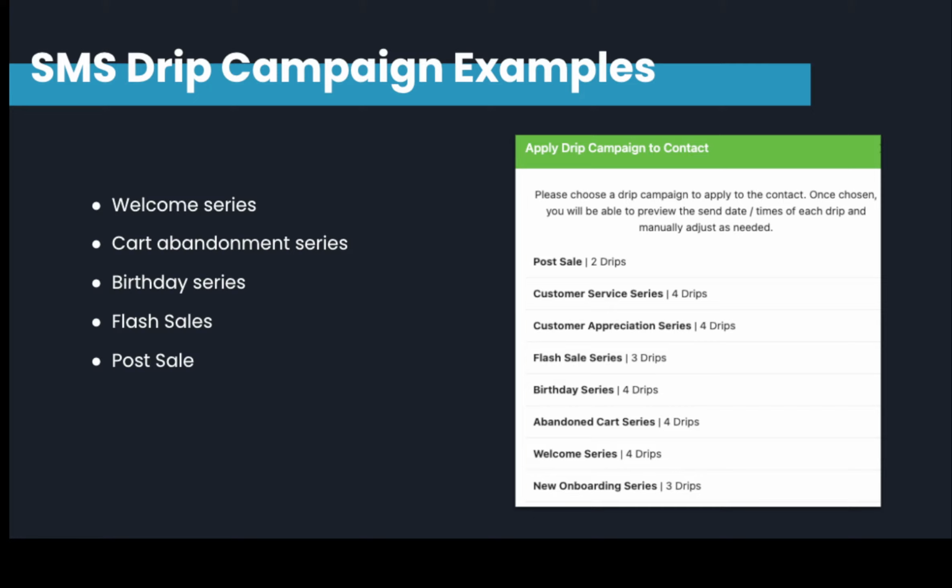This campaign is really designed to remind customers who've added items to their cart or have come to your website and clicked through the products, but never actually made the purchase. You'll want to include in the first message in this series some kind of coupon or call to action for the customer to re-engage with your products. This is a good way to drive them back to the website and make that sale.